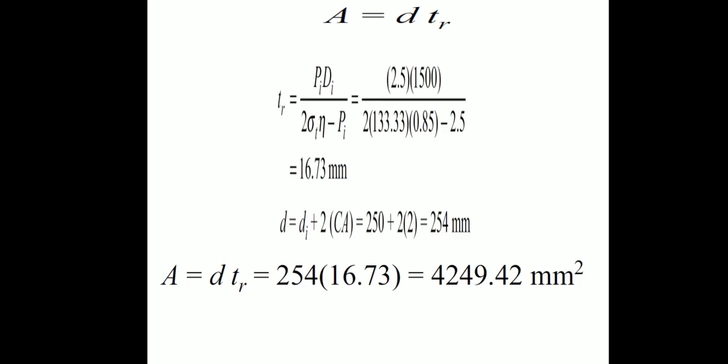The required thickness of the cylindrical shell is given by Pi Di divided by 2 sigma T into eta minus internal pressure. Substituting the values, the required thickness is equal to 16.73 mm, and the area that is removed from the pressure vessel is 4249.42 mm square.